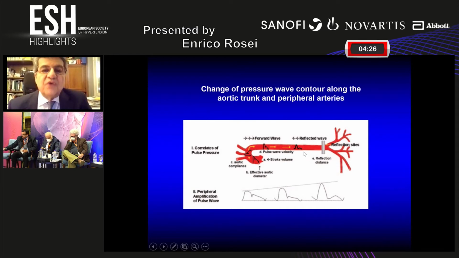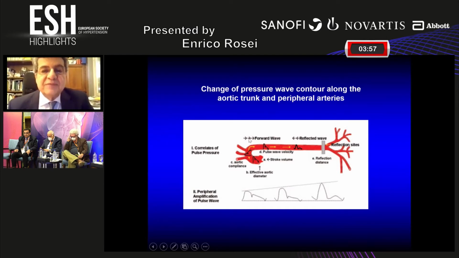The reflected wave comes from the periphery, from the reflection sites, from the small arteries probably, from the microcirculation. And if there is an increased stiffness of the large arteries, there is a damage of these reflection sites. If by treatment reflection sites are improved, if structural alteration regresses, then there is a reflected wave.